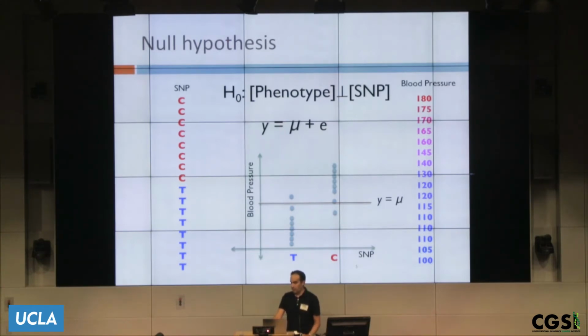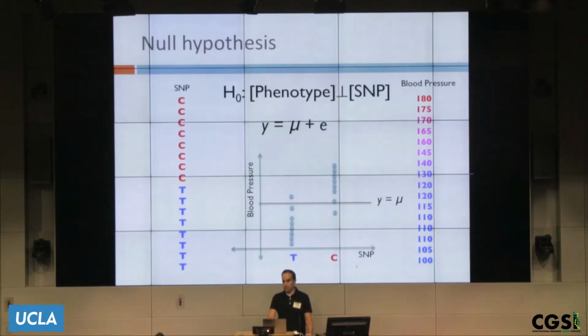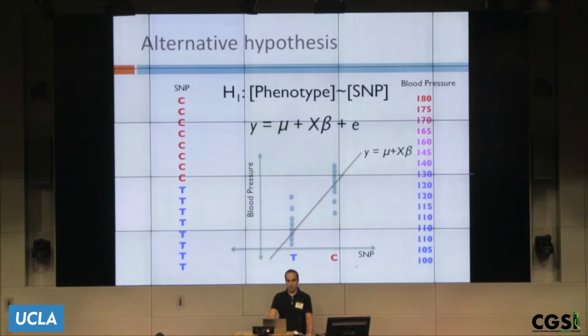The other model has a term corresponding to the genetic effect. So y equals x, which is the genotype, times beta, which is the actual shift of the phenotype, the shift in mean if you have the trait or not. When you're doing a GWAS, what you're basically testing is which model fits the data better. Does this model fit the data better, or does this one?